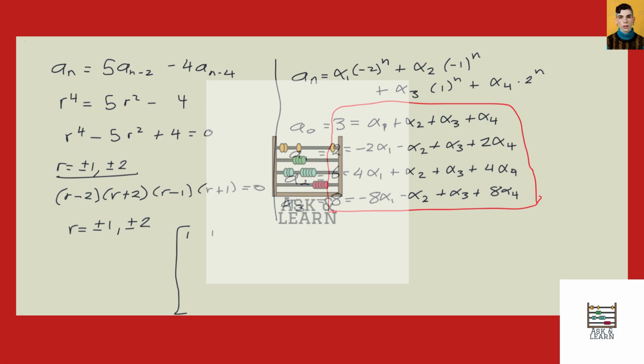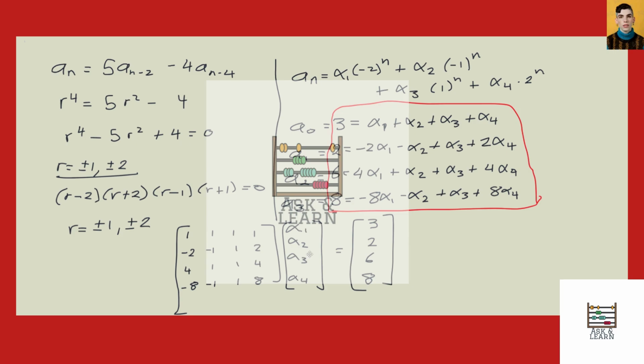So this will be the matrix with rows 1, 1, 1, 1; minus 2, minus 1, 1, 2; 4, 1, 1, 4; minus 8, minus 1, 1, 8, multiplied by the vector alpha 1, alpha 2, alpha 3, alpha 4, and this is equal to 3, 2, 6, and 8.